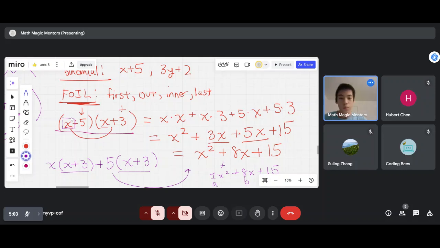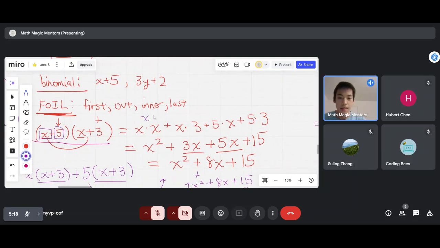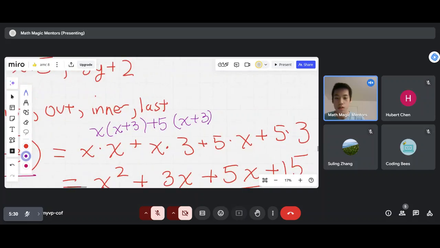So with x plus 5 times x plus 3, you first multiply x by x plus 3, then 5 by x plus 3. And so you can write it as x times x plus 3 and then add 5 times x plus 3. And then you can obviously use the normal distributive property on each of these two sub expressions.